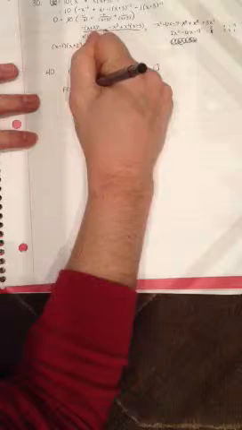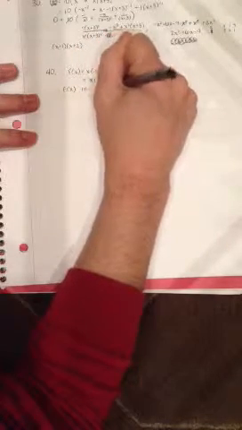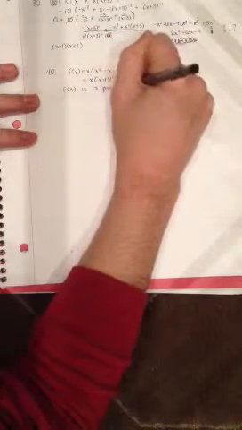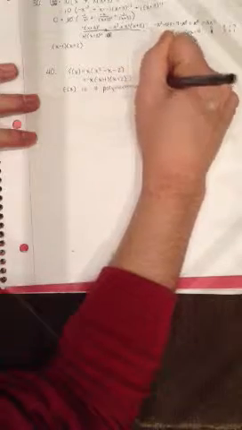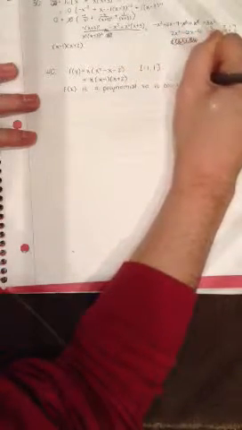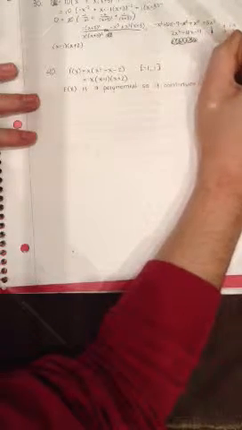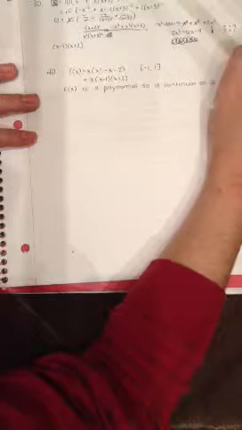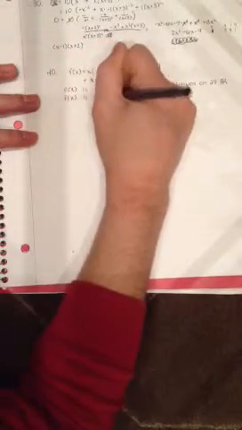So, we need to write that. F of x is a polynomial. So, it is continuous on all real. We need to say basically the same thing again. F of x is a polynomial.